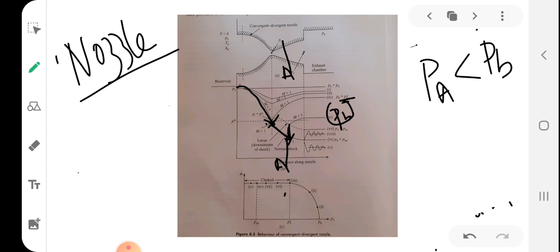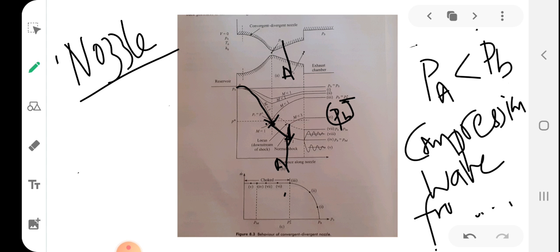So you are encountering a situation where the exit pressure or the back pressure is higher than the pressure at that particular section. So we have to discharge to a higher pressure. Since this is supersonic flow, getting discharged into a higher pressure is not possible. So there will be a sudden, steep rise in pressure, and a compression wavefront forms, which is known as a normal shock.